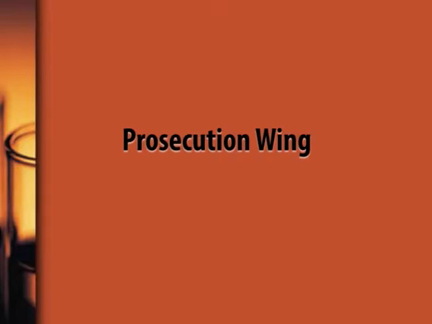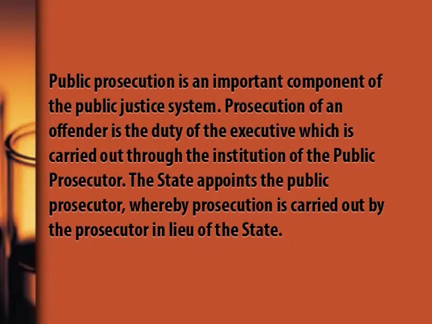The third is the prosecution wing. It is the duty of the state to prosecute cases in the court of law. The state governments have constituted cadres of public prosecutors to prosecute cases at various levels, in the subordinate courts and the High Court. Public prosecution is an important component of the public justice system. Prosecution of offenders is the duty of the executive, which is carried out through the institution of the public prosecutor.